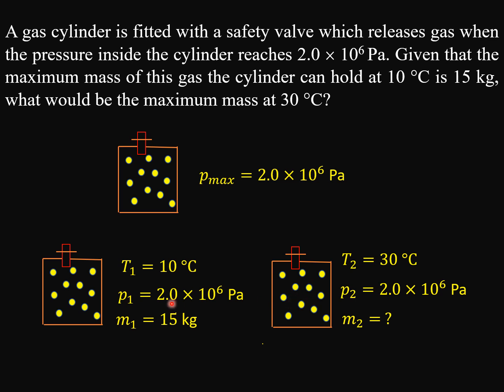So if we set P1 and P2 the same at the maximum value, we can expect that the mass M2 in the cylinder at T2 equal to 30 degrees C must be less than the mass of the gas when the system is at T1 equal to 10 degrees C.